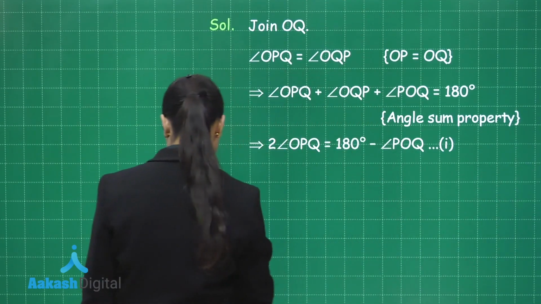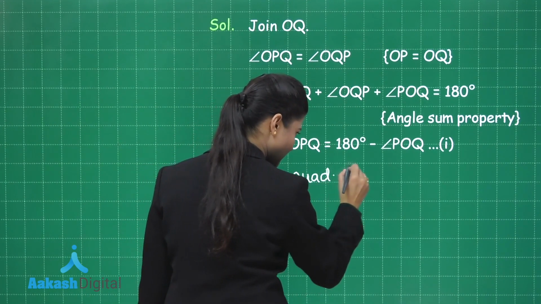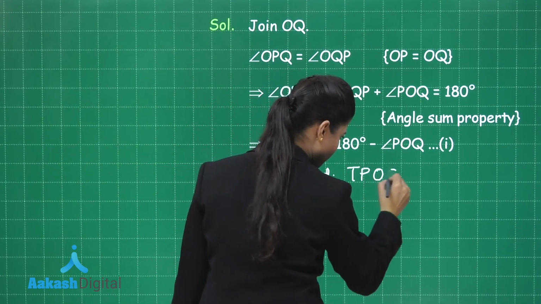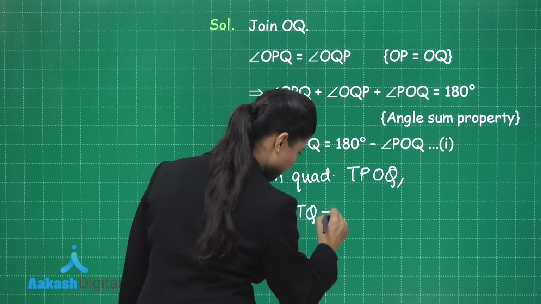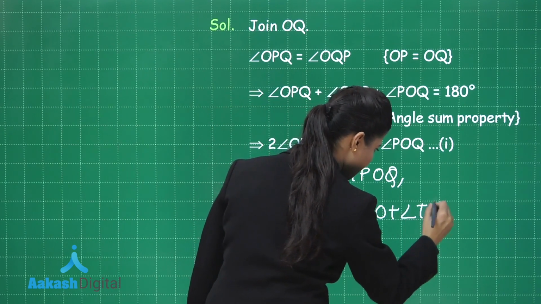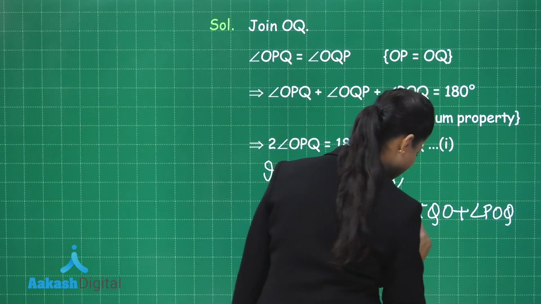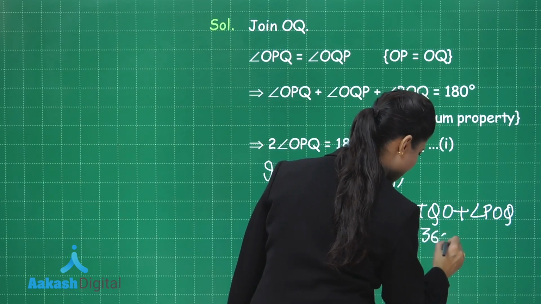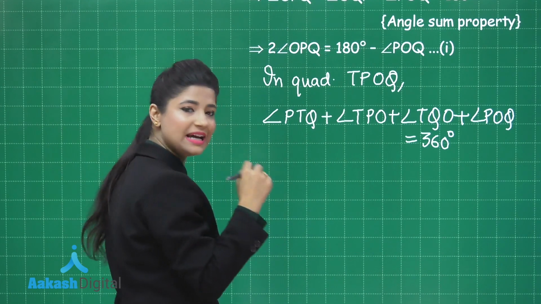So I can write next, in quadrilateral TPOQ, I get here angle PTQ plus angle TPO plus angle TQO plus angle POQ equal to 360 degrees by the angle sum property of the quadrilateral, where these two angles are measuring 90 degrees.